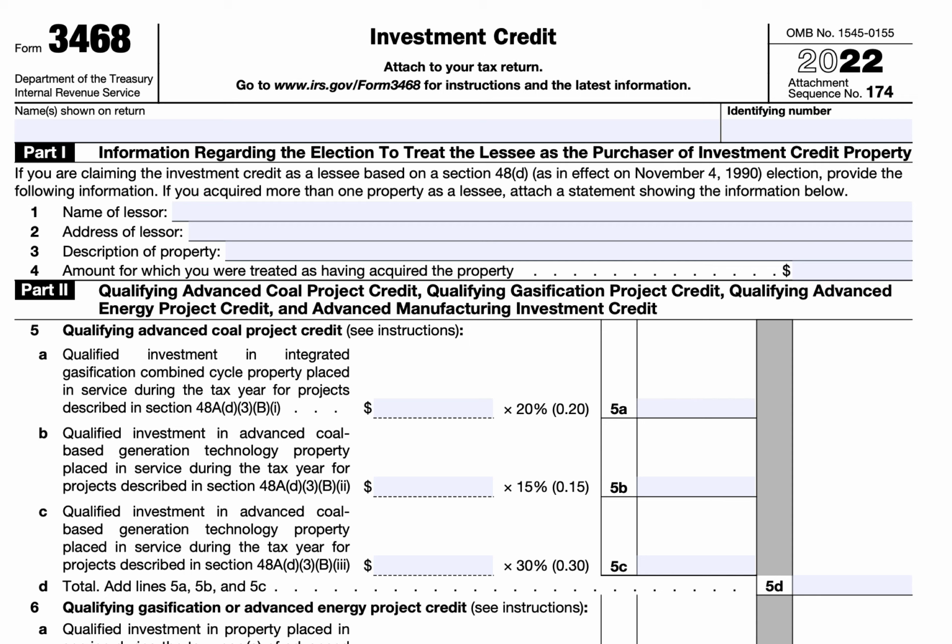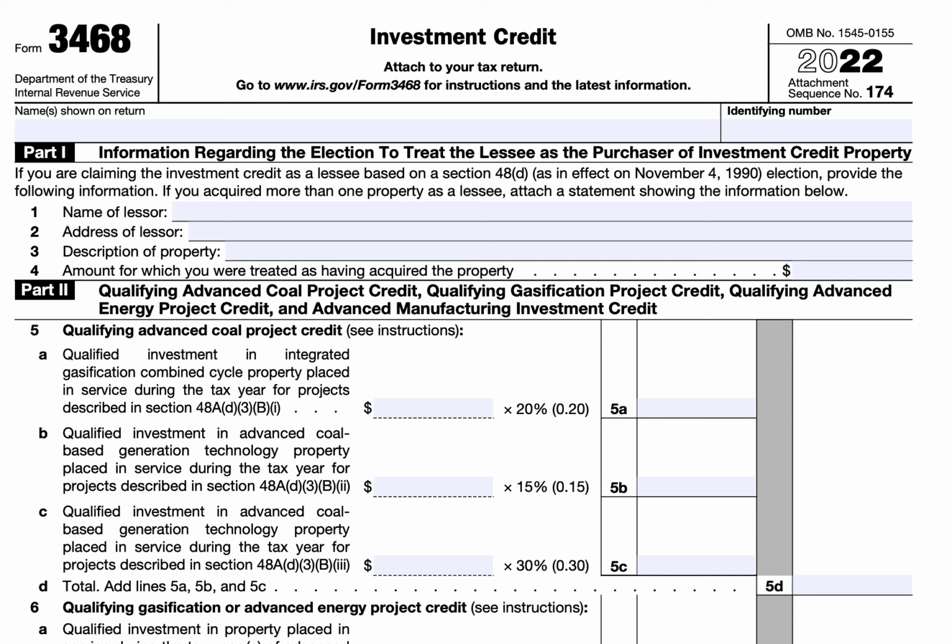There are certain conditions where you might have to recapture the investment credit or recalculate it. One, if you dispose of the property before the end of 5 full years after it was placed in service. That is known as the recapture period. Two, if you change the use of the property before the end of the recapture period and it no longer qualifies as investment credit property.